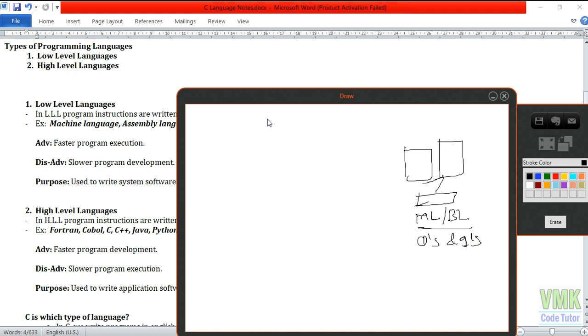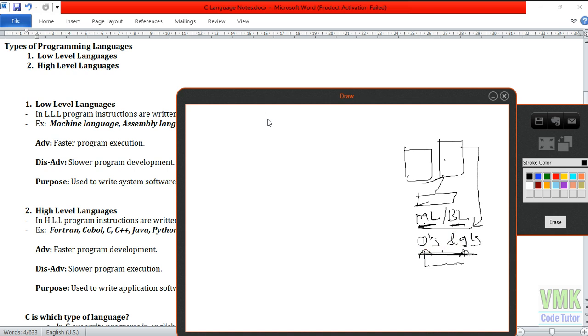This zeros and ones language is called machine language or binary language. This language is understandable to the machine, which is why it is called machine language, and in this language only two alphabets are present, 0 and 1, which is why it is called binary language.